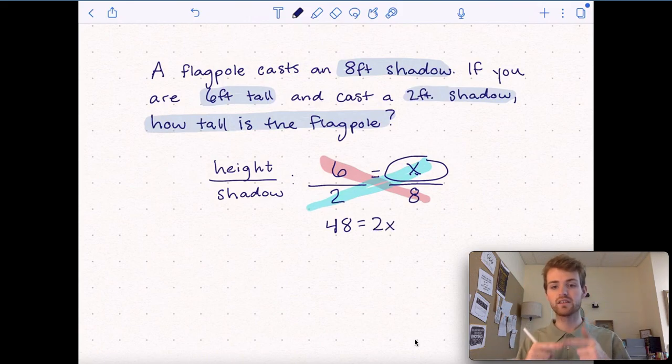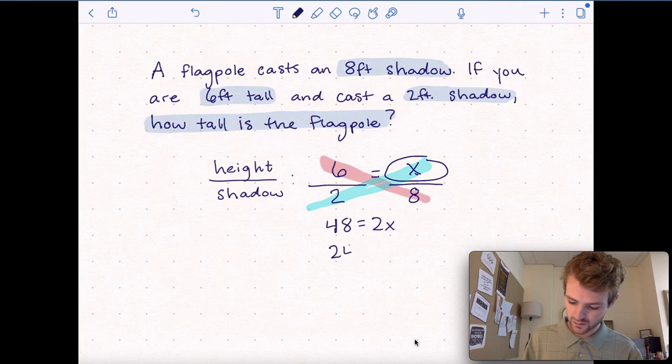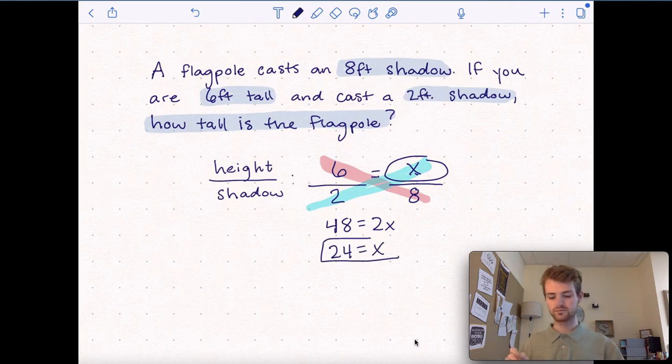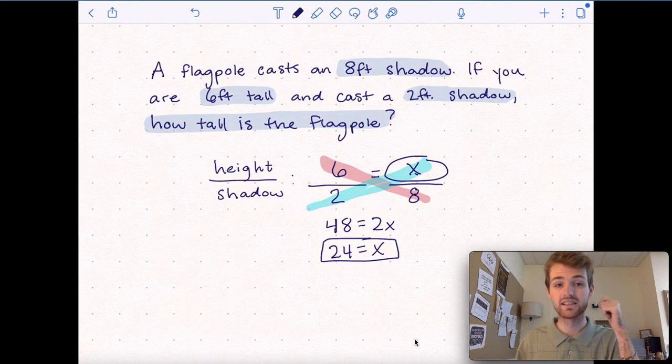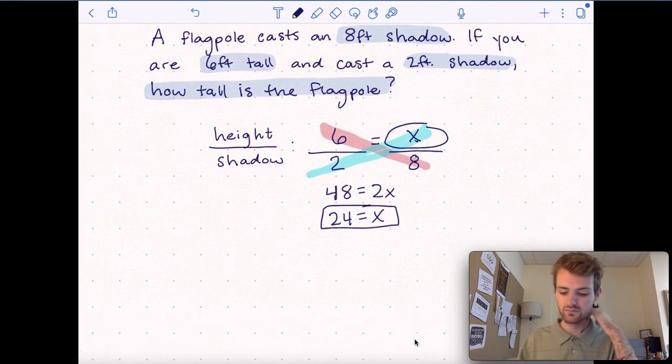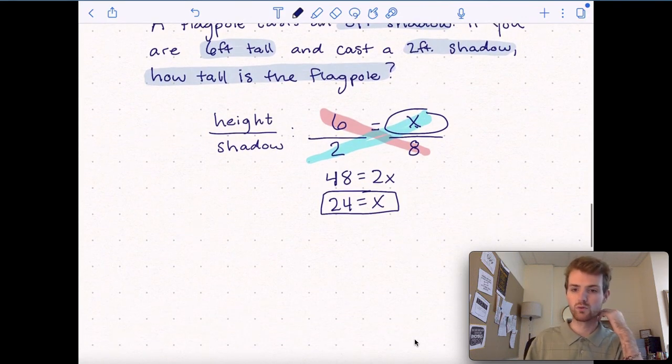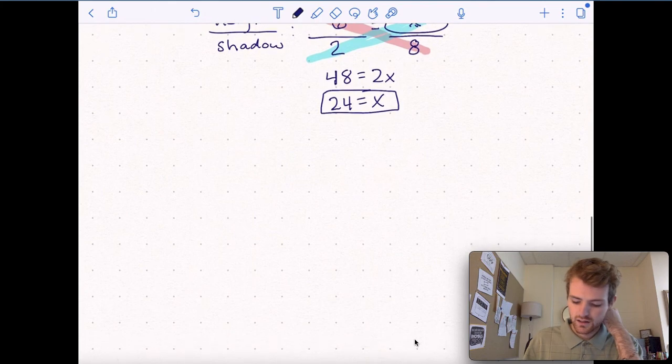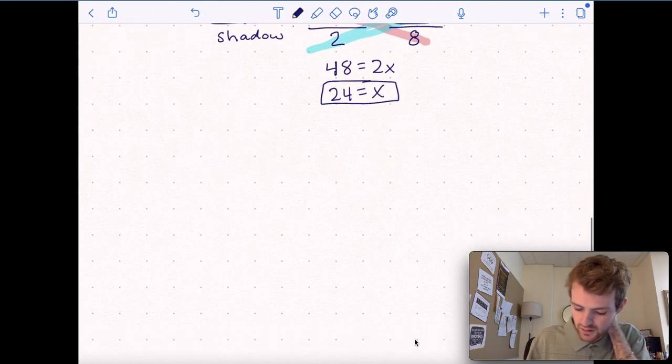Remember to multiply those together, giving us that 24 equals x. So on your practice, you're going to see a ton of these word problems because I want you to get really comfortable with that. Let's maybe do one more word problem, and then we will be done.